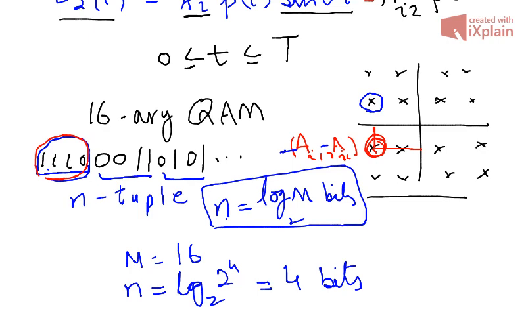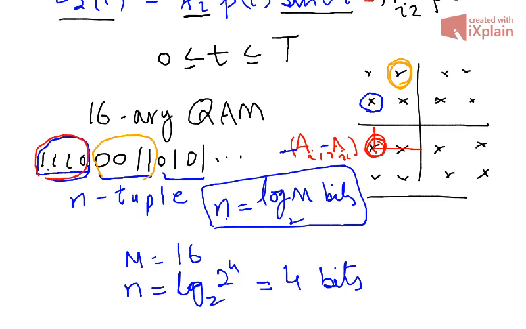Similarly, for the next 4 bits, suppose we have 0011, and we choose another symbol, which is this one. Suppose this is the symbol which transmits these 4 bits, 0011, right?